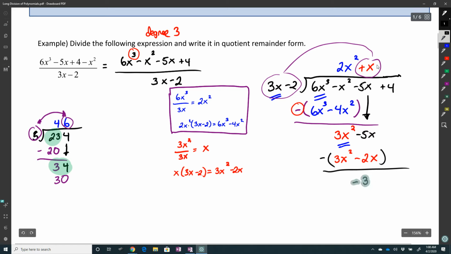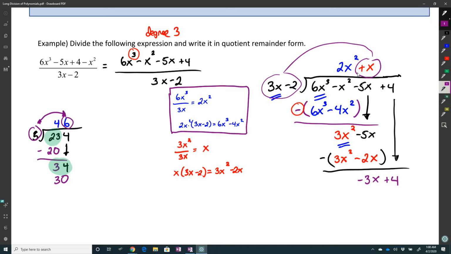Let me switch colors again. And then we bring down the 4. And we repeat the process one more time. Okay, so here 6 times 5 is 30. We subtract. And notice in this problem that I did, we're done. And here we're going to have to do it one more time.